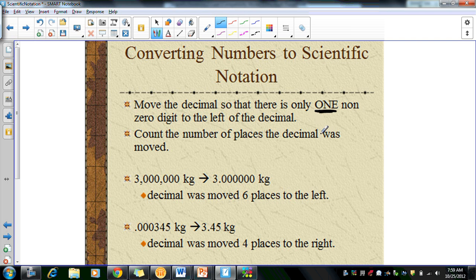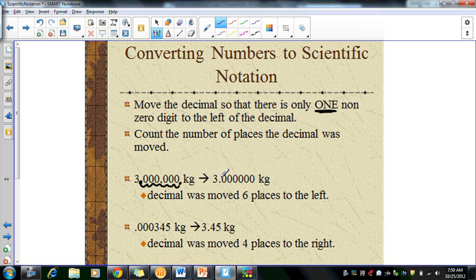Then you count the number of places it was moved. So for example, we have 3 million kilograms. So you have an implied decimal at the end, and we're going to jump it 1, 2, 3, 4, 5, 6 places, so that now instead of 3 million, it's 3.0 or 3.